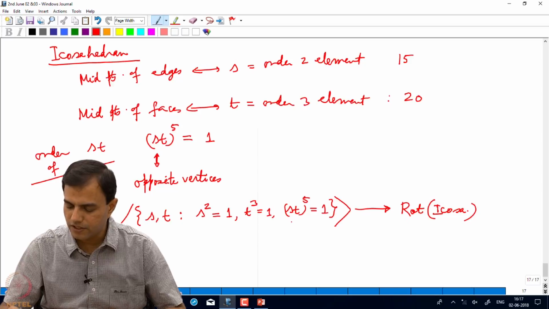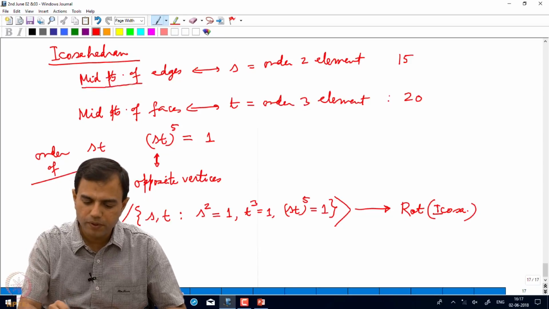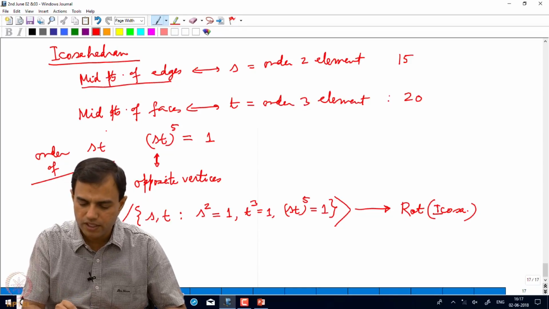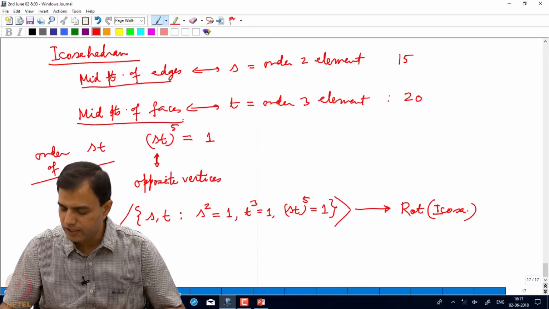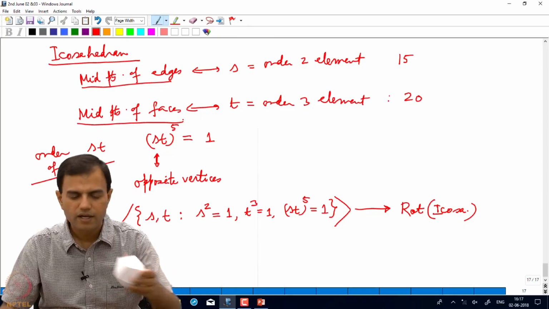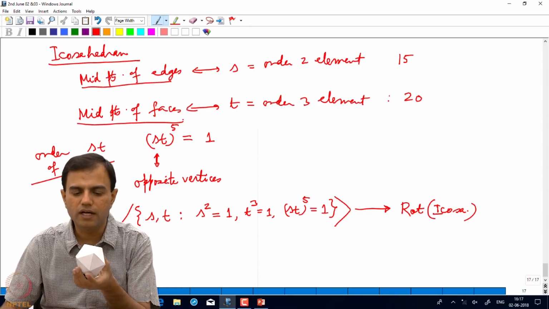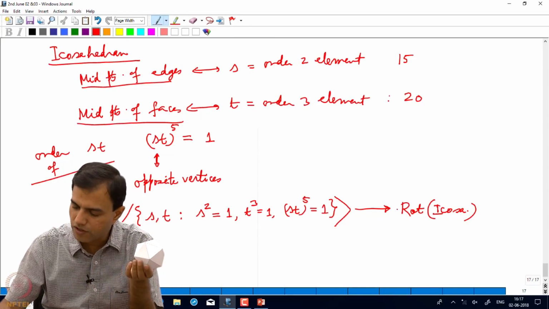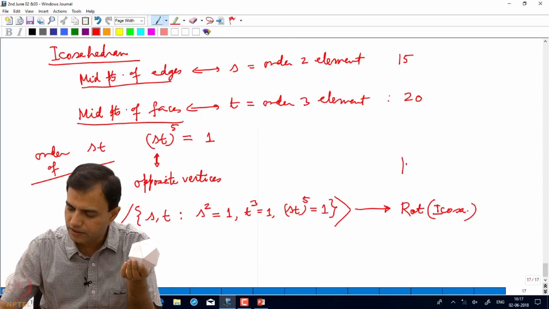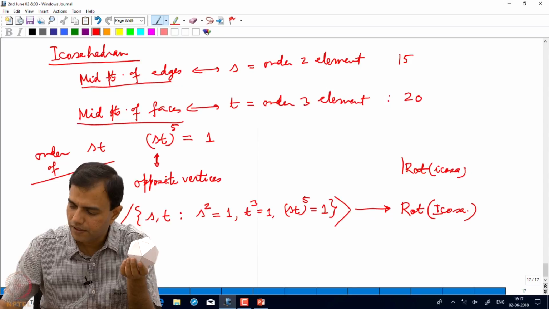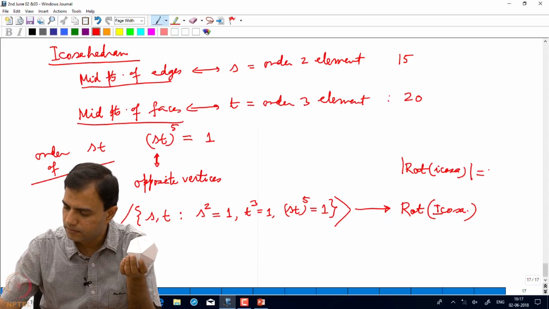It corresponds to the midpoint of edges rotation, and similarly T corresponds to the midpoints of faces rotation. And here it's again not very difficult to see that the order of this is 60.